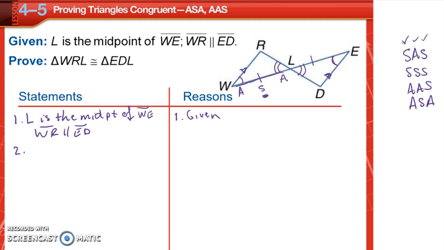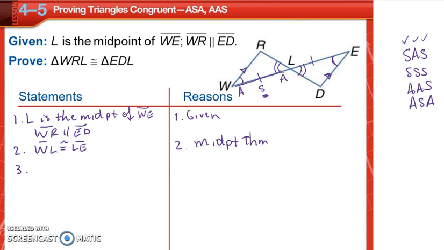Because L is the midpoint of WE, we also know that WL is congruent to LE. Those are line segments. And the reason for that, this is the reason, this is the midpoint theorem. So you got to know these theorems. I know it's a pain to memorize them, but you just have to. It's just how we do it.